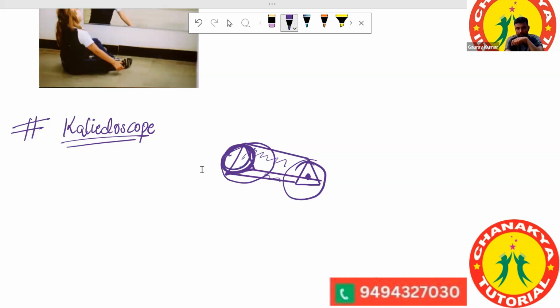These are of circular shape. So you have made a prism type shape with the help of mirrors.